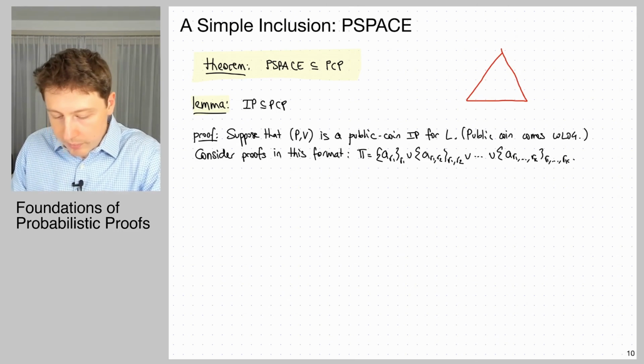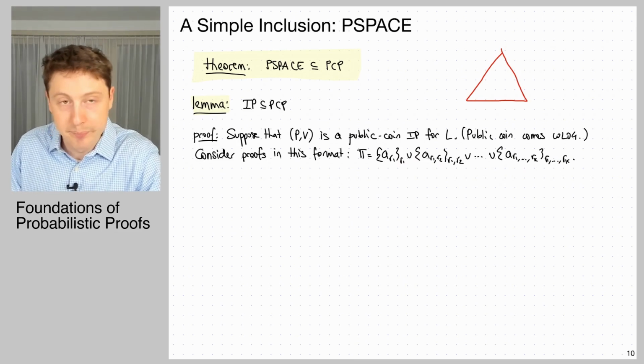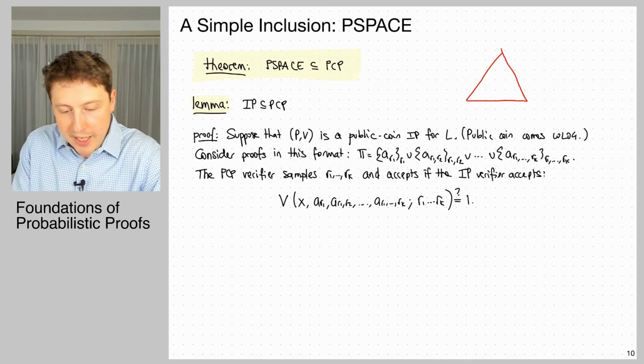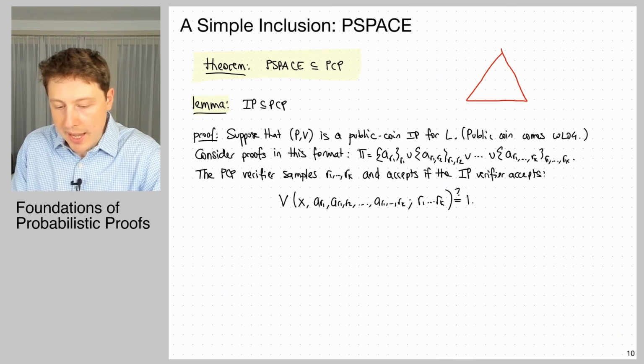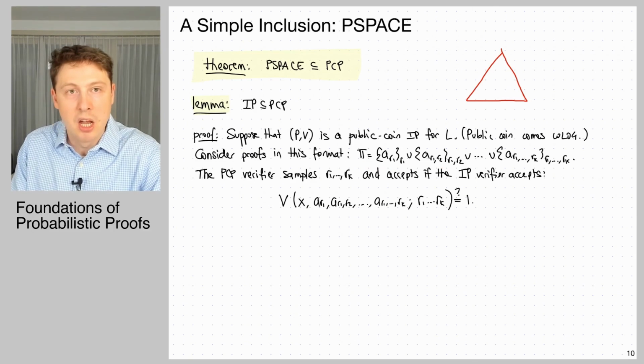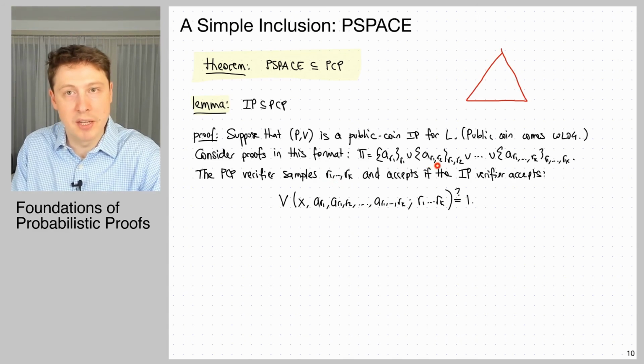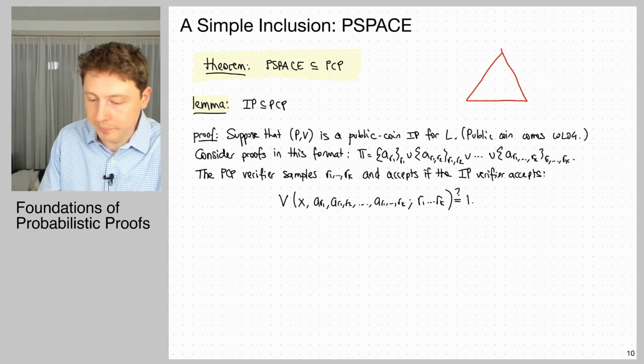And the point is that I can set the PCP verifier to just sample randomness and read from the proof as if it was playing against some IP prover. If this is R1, then it will read off here what the prover would have said on R1. And then it says R1, R2, then it reads what the prover would have said on R1, R2, and so on and so forth.